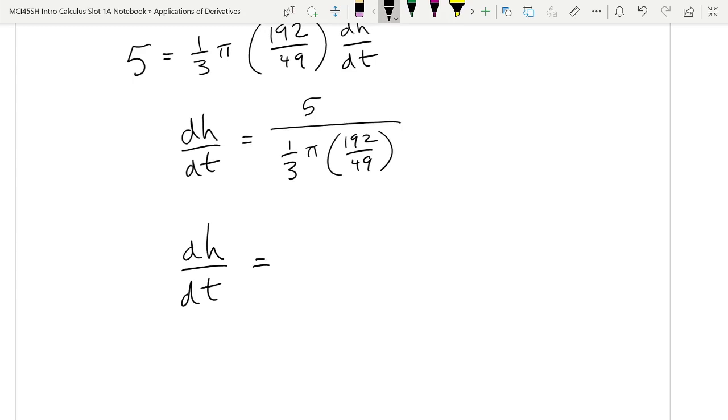So let's see if I get the same answer I got when I did this yesterday. 5 divided by, open a bracket, 1/3 times pi times 192 over 49, close my bracket and hit equals. Yep, same number. And it's a fairly reasonable number. 1.22 meters per second is how fast the height is changing.